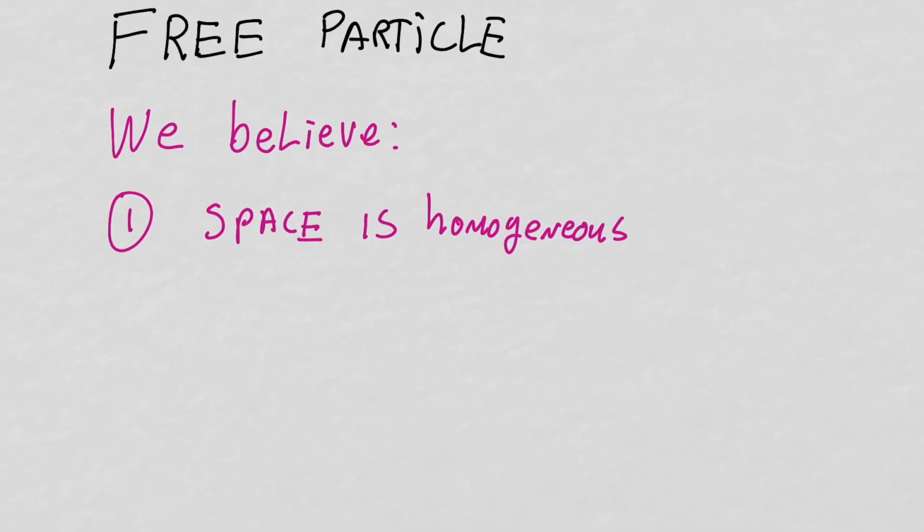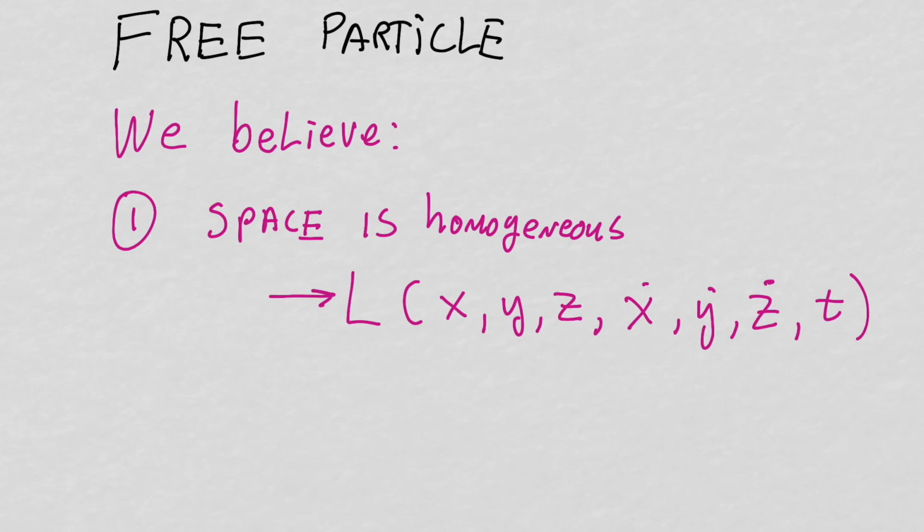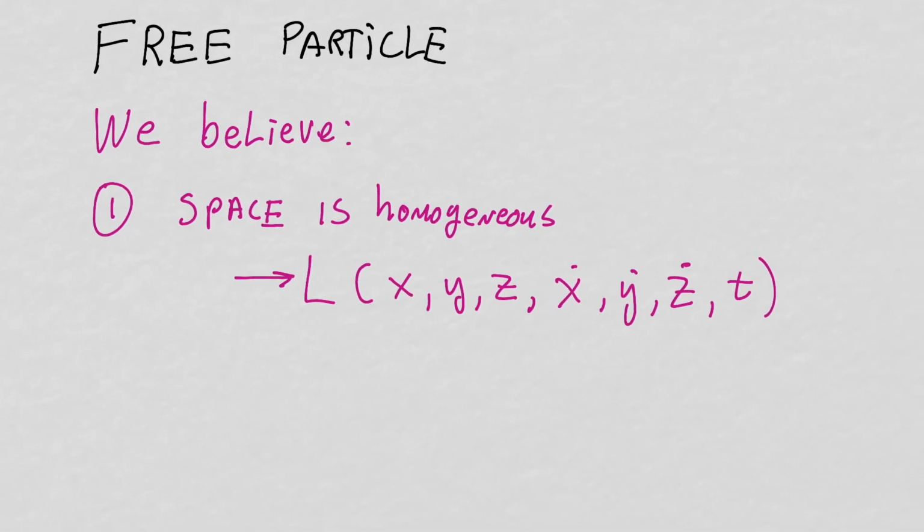And with that assumption, we are now looking at a Lagrangian which could be a function of space, and the particle has a position. In other words, the particle's generalized coordinates are just the position coordinates. Its generalized velocities are just those positions differentiated with respect to time. But now we say, you know what? It can't be a function of position.